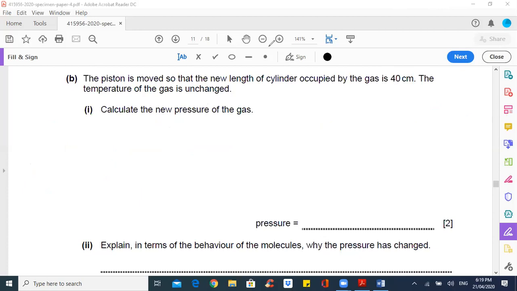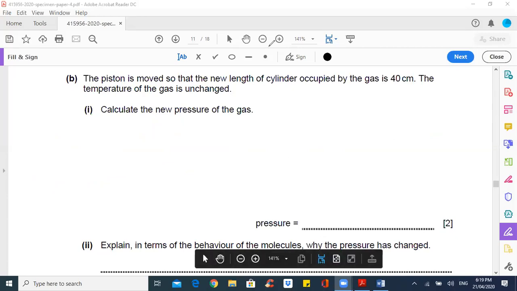I'll clear all this now. Right, so we know that P1 V1 is equal to P2 V2.